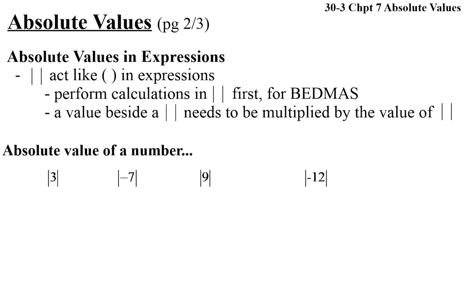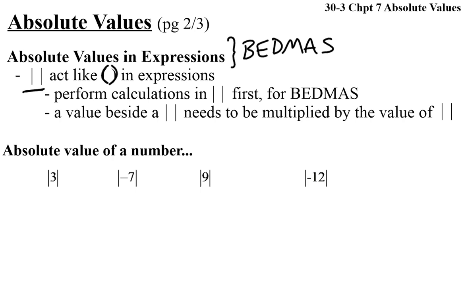So we can do calculations with absolute values. This isn't overly complicated, but you have to be very careful and focused. When absolute values are involved in calculations, the absolute acts like curved brackets in normal BEDMAS. What do curved brackets tell us?